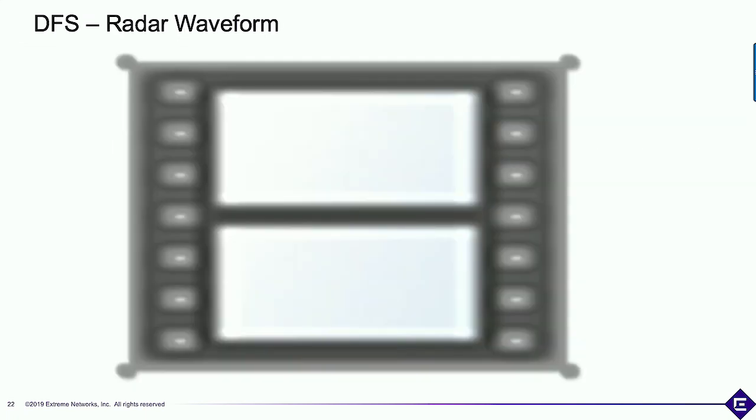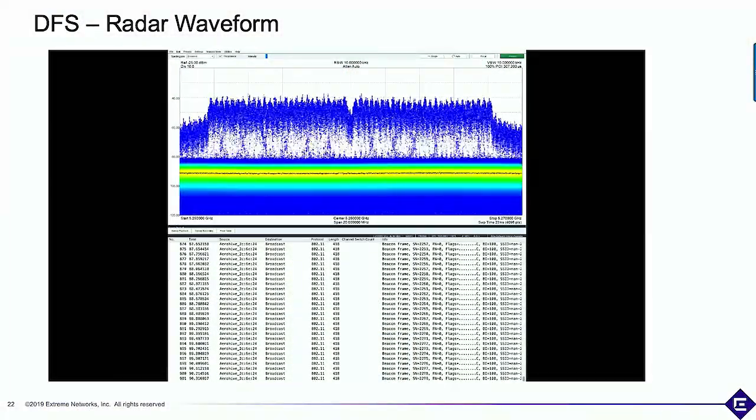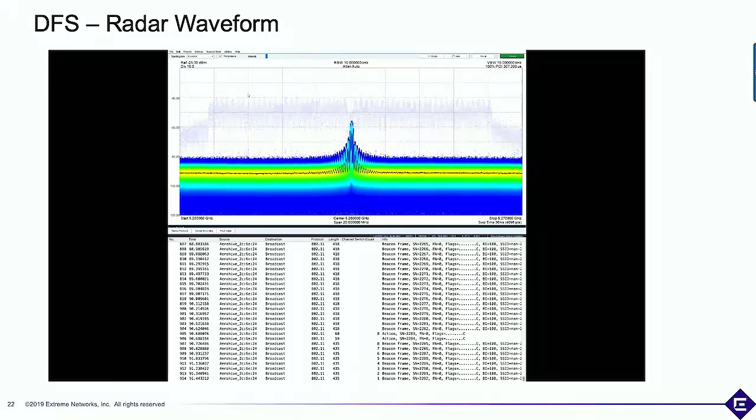So this is a spectrum analysis screen capture video of a radar waveform. You can see it right here. We have a 20 megahertz channel, so just wait for it, and we'll see a radar pulse in just a second. There it goes right there. Boom. Now what did you see happen right there? You saw that the AP stopped transmitting.